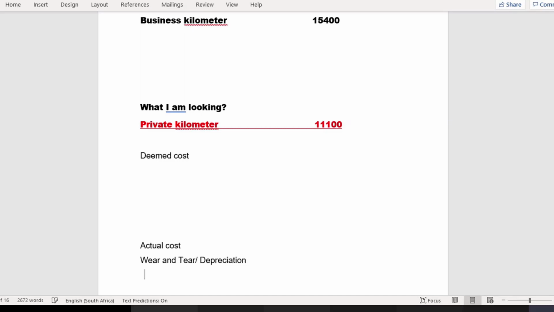So 172,500 divided by 7 years, yes. And then how much is the amount?